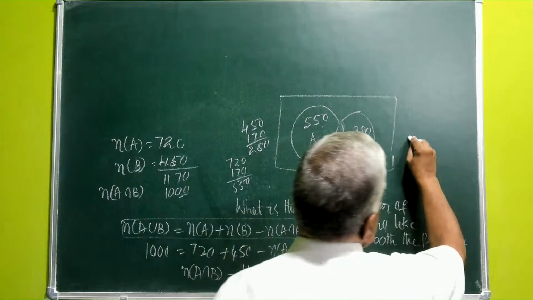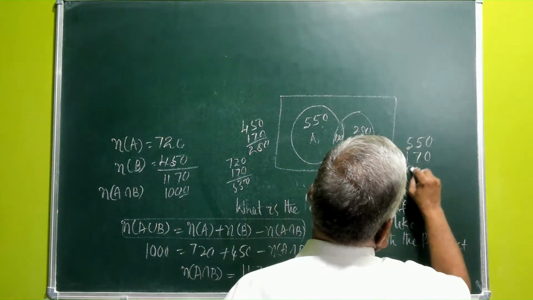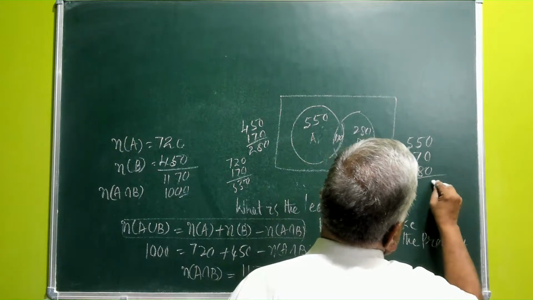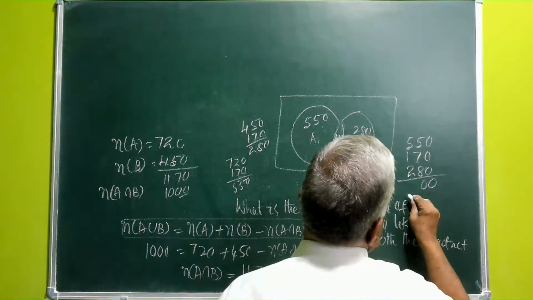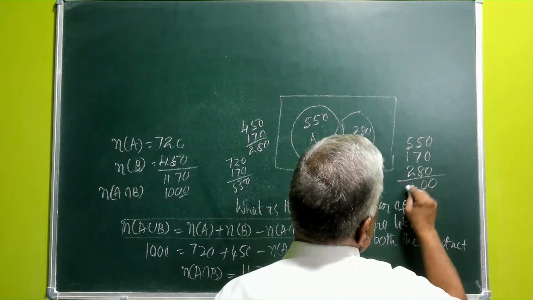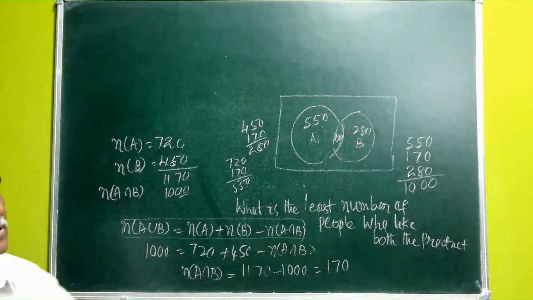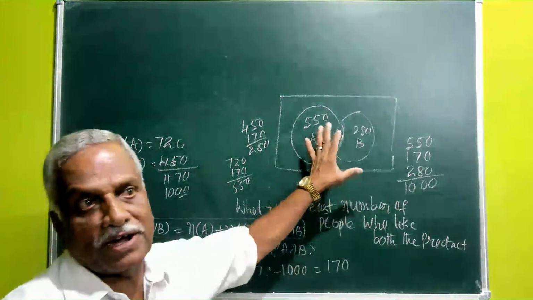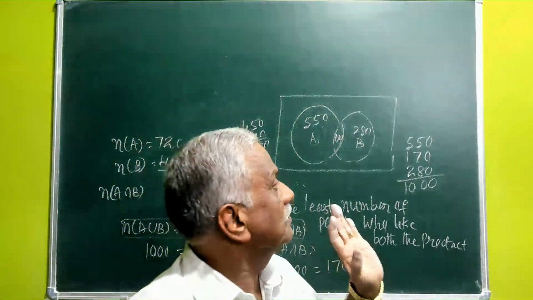So when you add this, 550 plus 170 plus 280. So what we notice here is using Venn diagrams, working these types of problems becomes very simple.